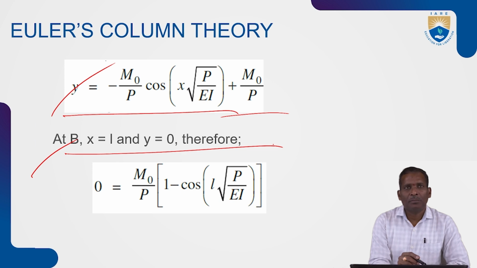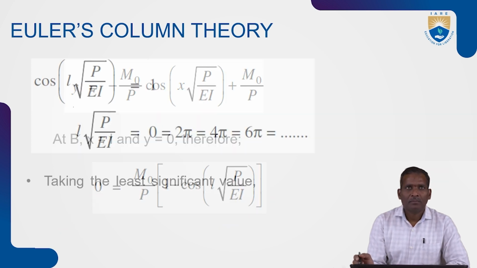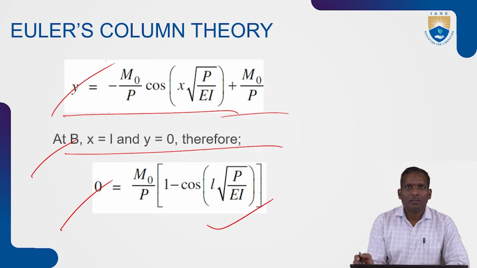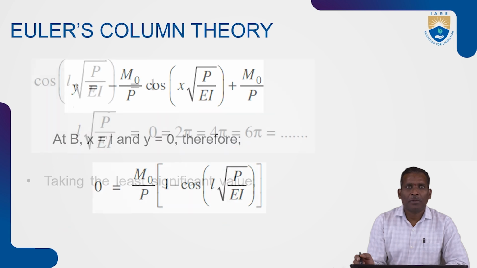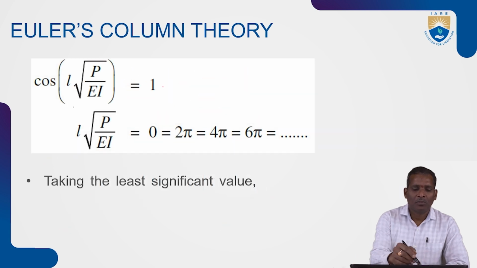At B, X is equal to L, Y is equal to 0. Therefore, 0 is equal to M naught by P into 1 minus cos of L into square root of P by EI. So cos of L into square root of P by EI is equal to 1.